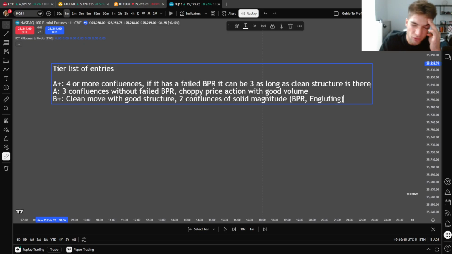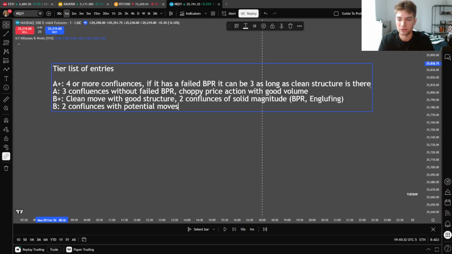Again, most of the ranking is based on market structure and how we are delivering, which is impossible to show you guys based on this, because it's how the candles are moving and how much the volume is moving. And then honestly, I don't even take B trades. B trades are just 2 confluences with potential moves that chop around. But usually these last ones get break even.